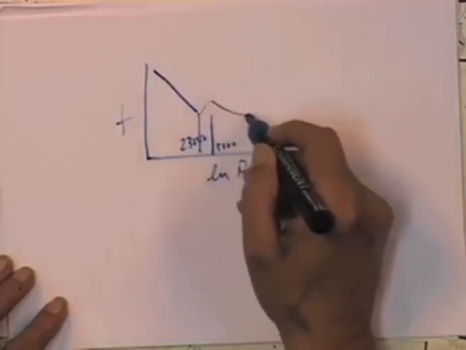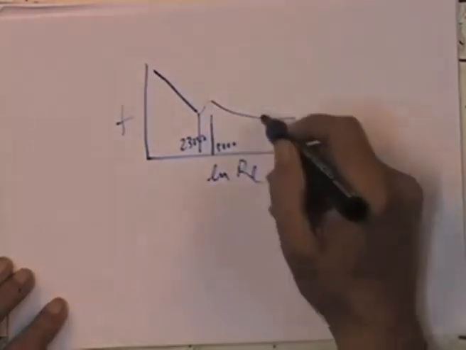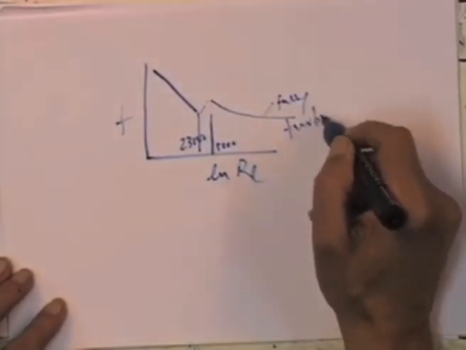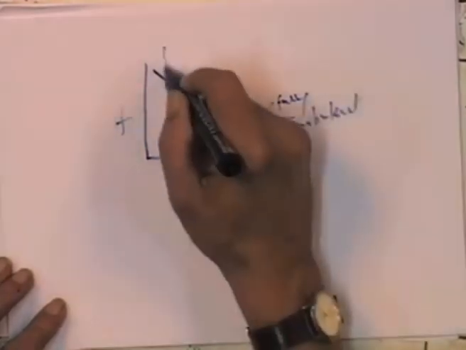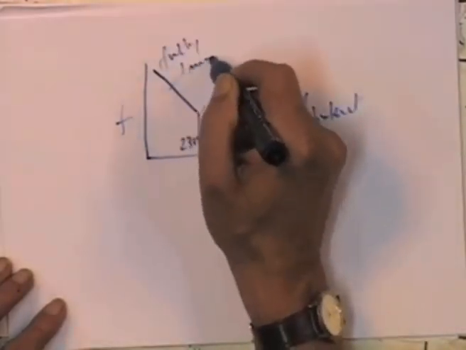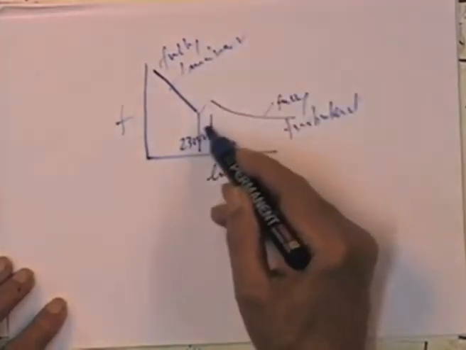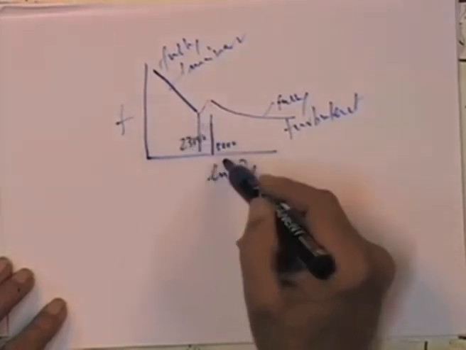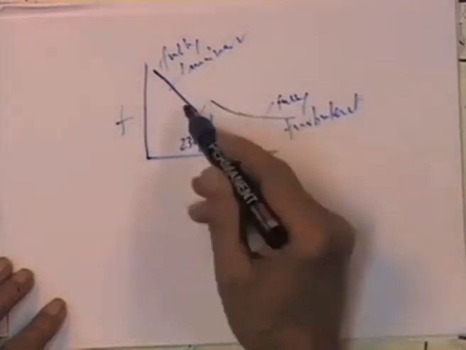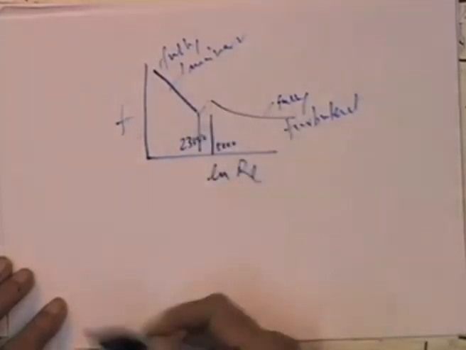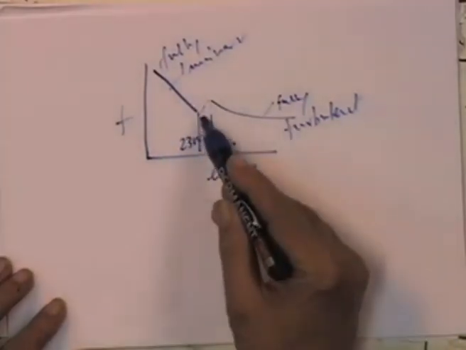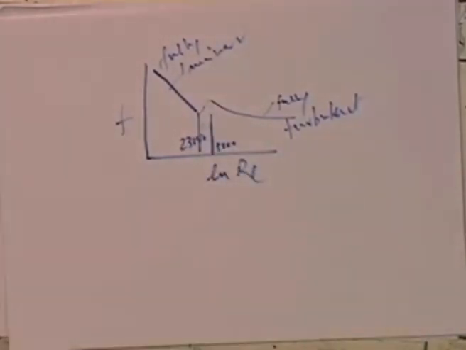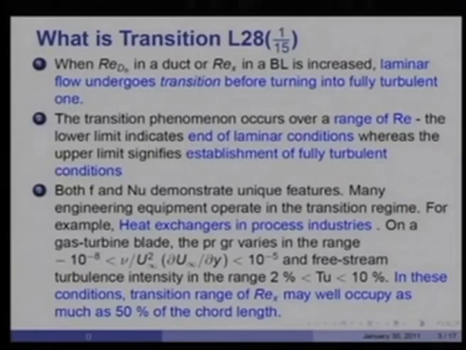So this is fully laminar, this is fully turbulent. And in the transitional region here, the friction factor Reynolds number relation is quite reverse of what happens in the laminar and turbulent regions, in that friction factor actually increases with Reynolds number, and therefore, this curious phenomenon needs to be explained in somewhat greater detail.